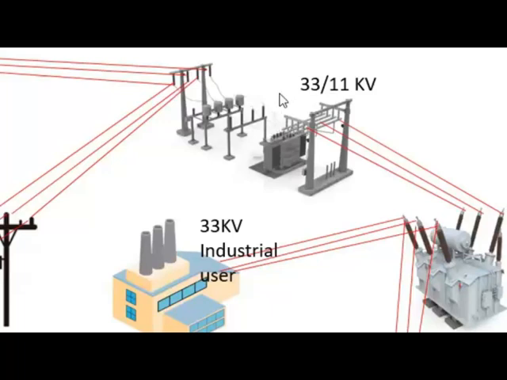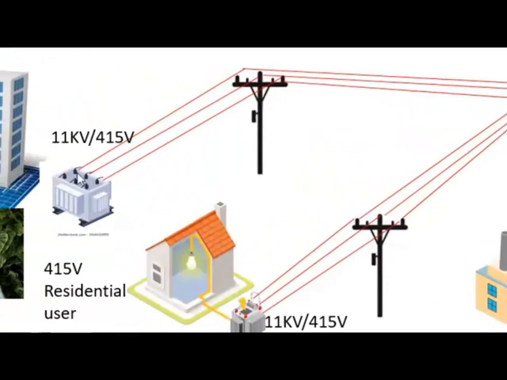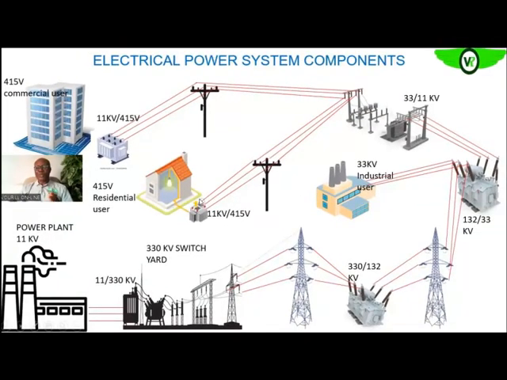So it is that 11 kV that is distributed, where it is further stepped down to 415 volts phase to phase and 220 volts phase and neutral that will be used by various loads. When you look at it, in the generation station the voltage level is 11 kV.